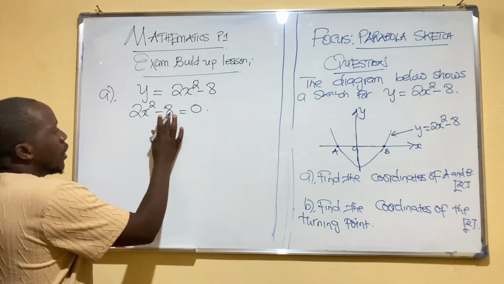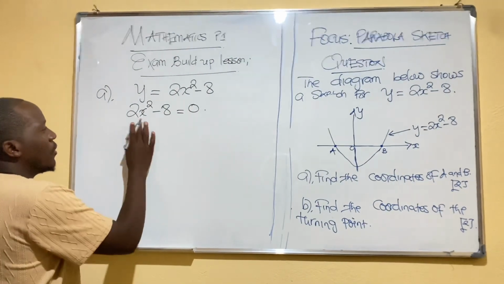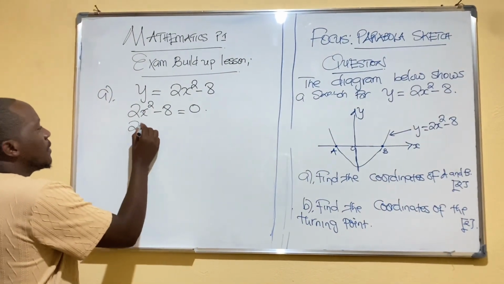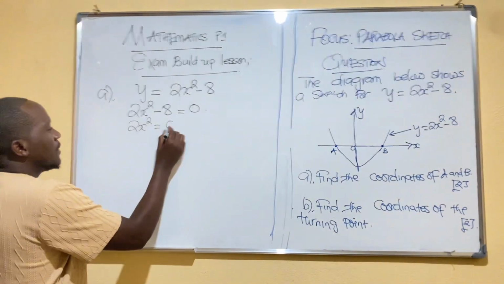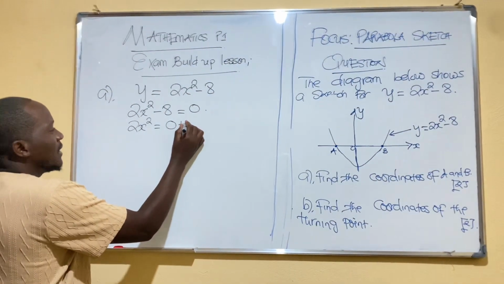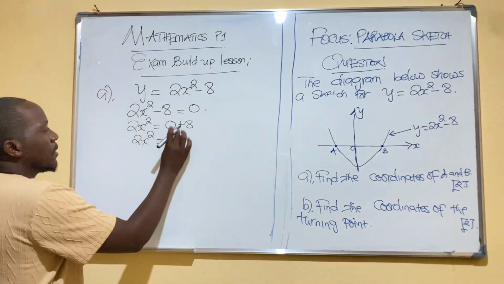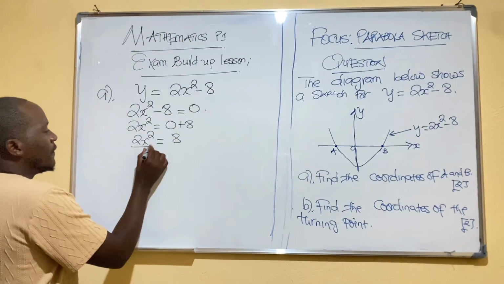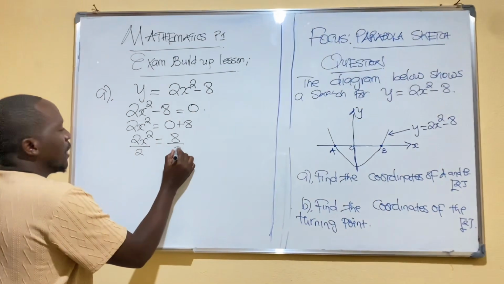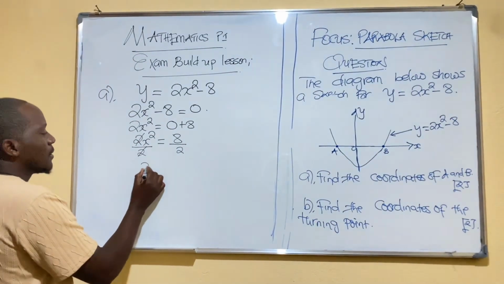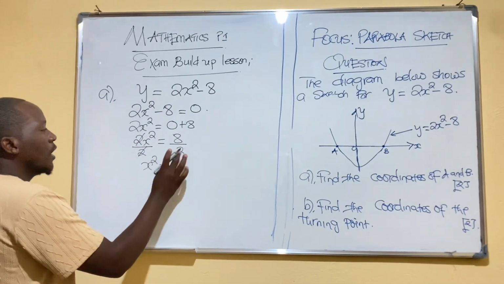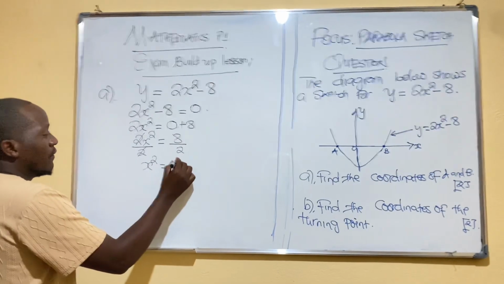Then from here, we're going to collect like terms together, or we can factorize. So here we say 2x squared equals 0, then this is negative, so plus 8. So this is going to be 2x squared equals 0 plus 8, it's an 8. Divide by 2. Divide by 2. A 2 and a 2 cancel, so x squared equals 8 divided by 2, we're going to have 4.